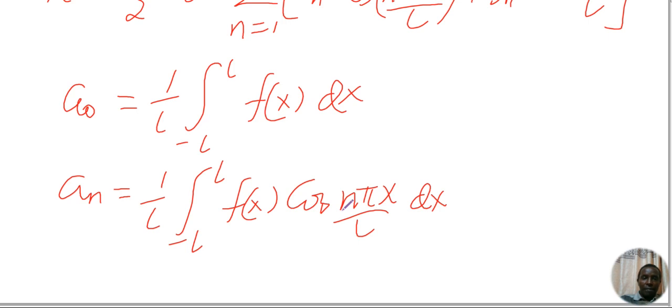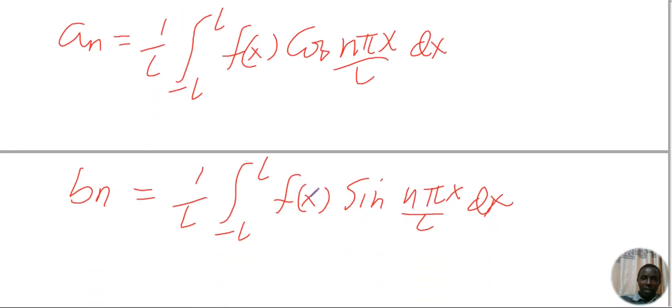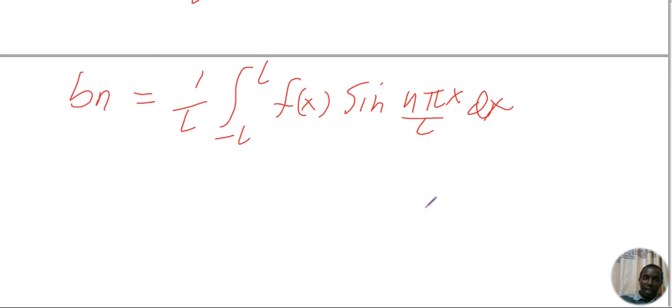Then we come to bn, and in this case this will be a product of two odd functions leading to an even function, and so we can work that out.